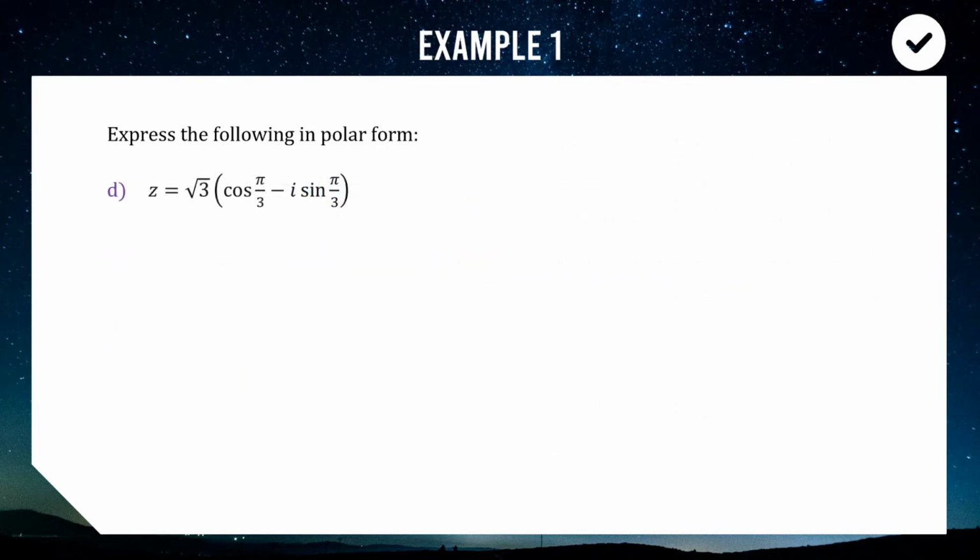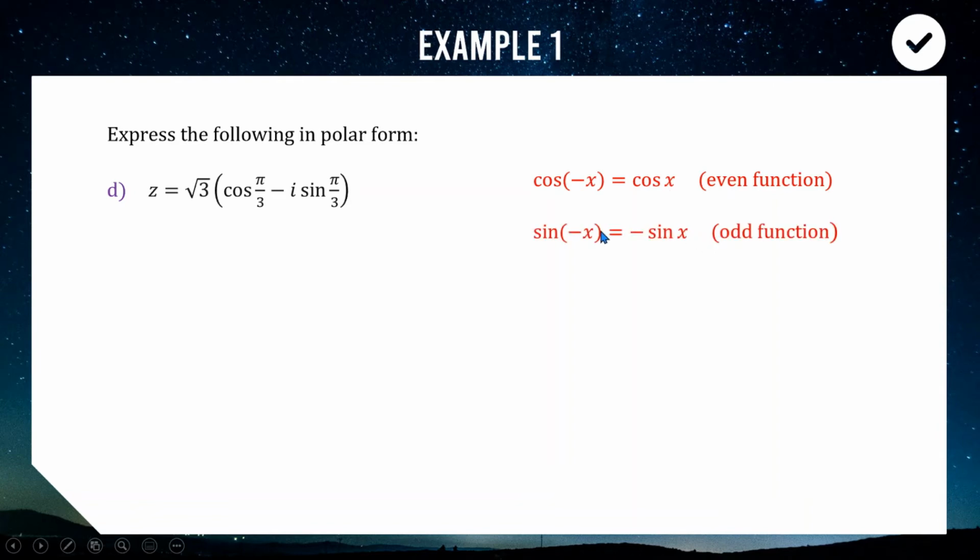A couple of facts that are going to make this a lot easier to handle is something that you may have already covered in advanced maths, hopefully, which is that because cos is an even function, cos of a negative angle is equal to cos of the positive angle. All right, so when you substitute a negative into the cosine function, it doesn't really care, same answer. Sine, however, is an odd function. So when you have sine of a negative value, you can pull the negative out the front, and then we have sine of minus x is equal to minus sine x.